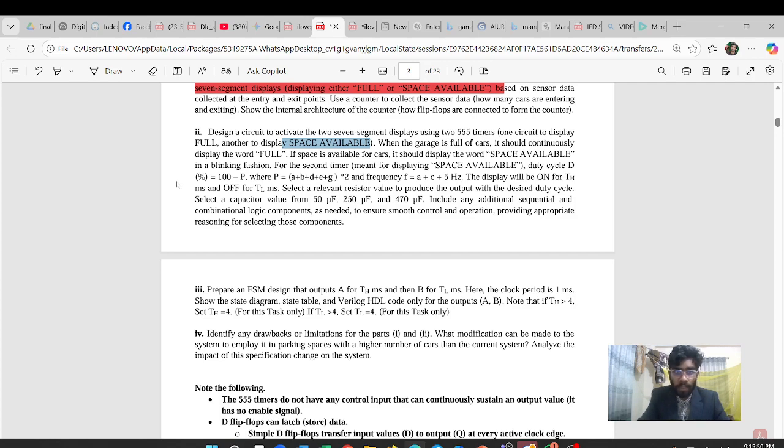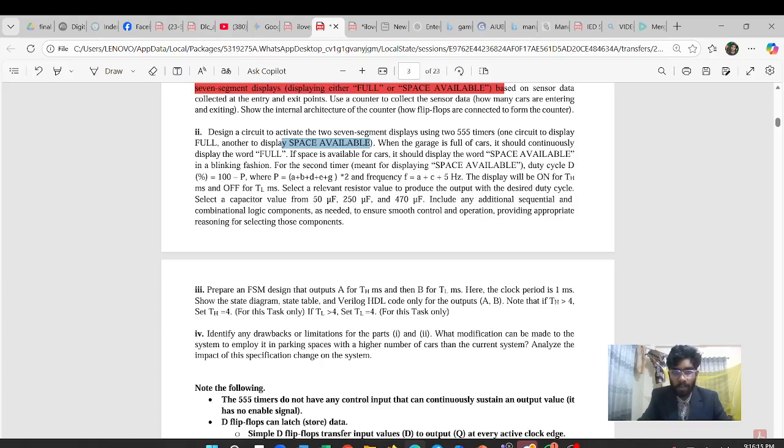And then they gave some parameters like duty cycle, and according to my ID, a frequency, at which this display will be on. And lastly they gave three different values of capacitor.